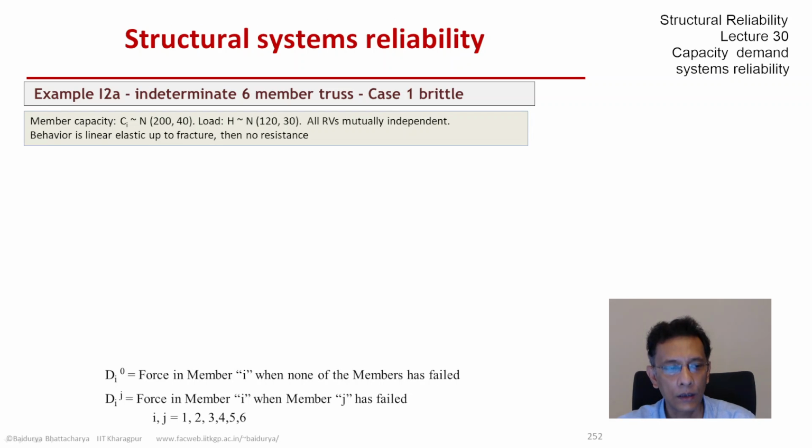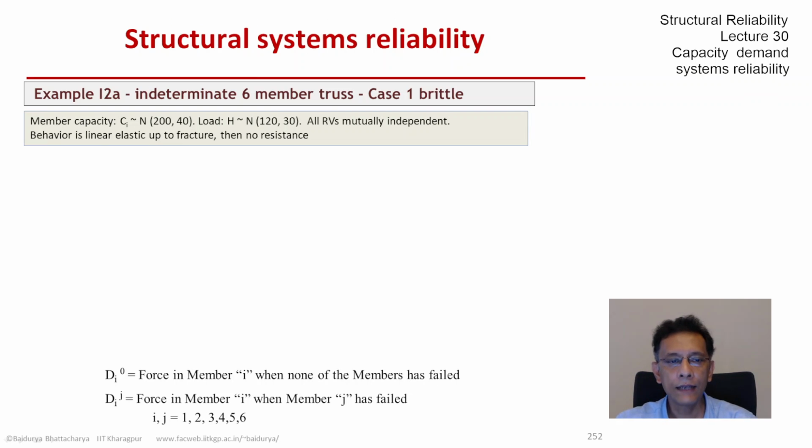D superscript j, subscript i, is the force in member i when member j has failed. Since we have a structure with 1 degree of indeterminacy, just one number in the superscript is enough for this problem, but in a more general case we would have more numbers in the superscript, and i and j go from 1 through 6.